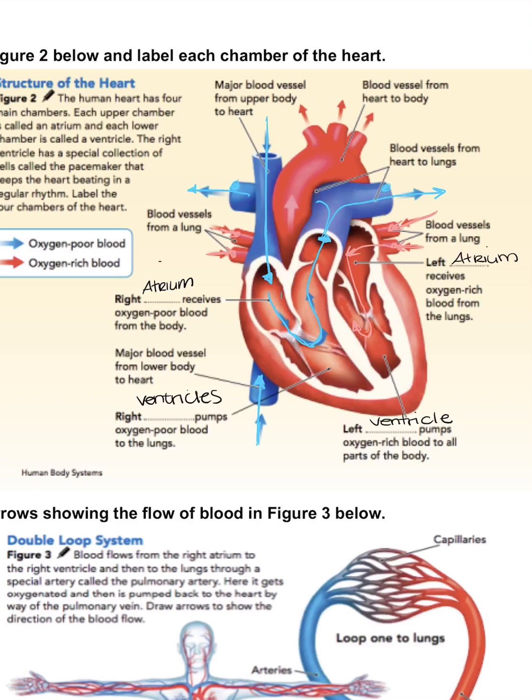I'm going to do one more big pump, and I'm going to go up through this valve here into the aorta. And you can't see it, but there's another piece of the aorta down here. So my descending aorta, which goes to the bottom of the body. And then these go out to the top parts of your body. So that's how blood would move around the heart there.